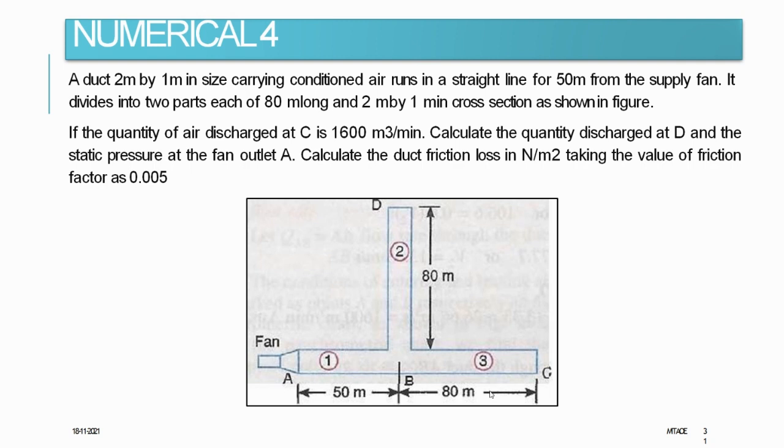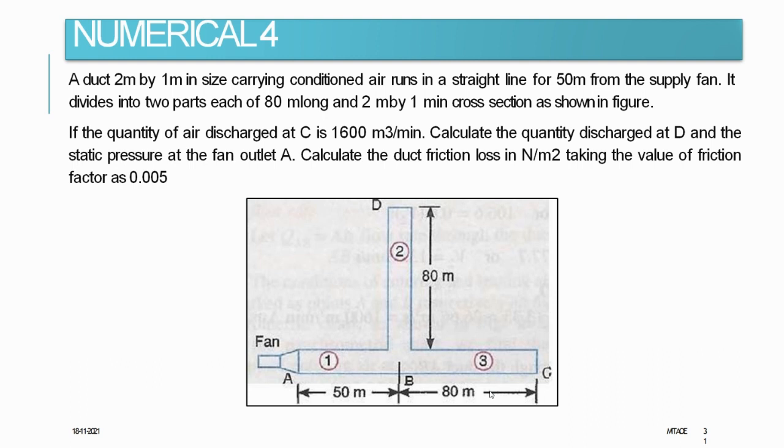If the quantity of air discharged at C is 1600 meter cube per minute, calculate the quantity discharged at D and the static pressure at the fan outlet A, and also calculate the duct friction loss in Newton per meter square, taking the friction factor as 0.005. The friction factor is given here.